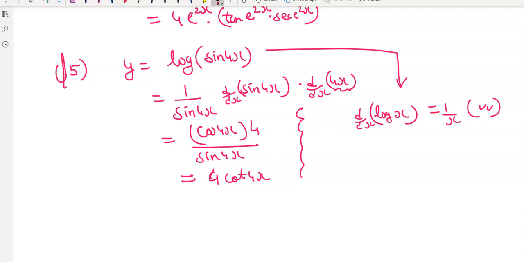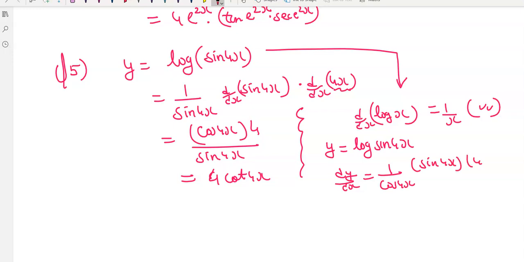So again, if I take y as log sine 4x, d by dx is cos 4x upon sine 4x, coefficient of 4x is 4, and ultimately we will reach 4 cot 4x. So apart from the normal way of doing the question, we should also know some smarter ways.